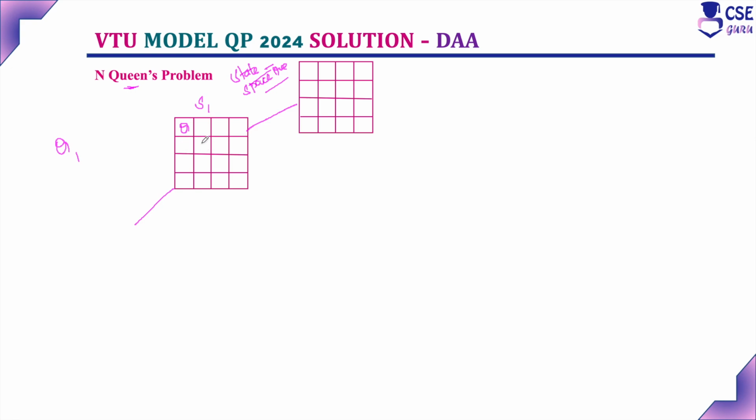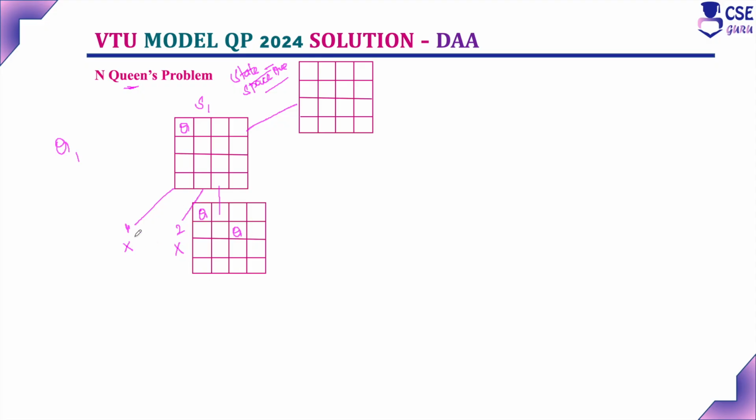The second column also, they will attack each other. So the first position is a dead end, and the second position is also a dead end. The third position we can try. So the first queen is in the first position and the second queen in the third position.